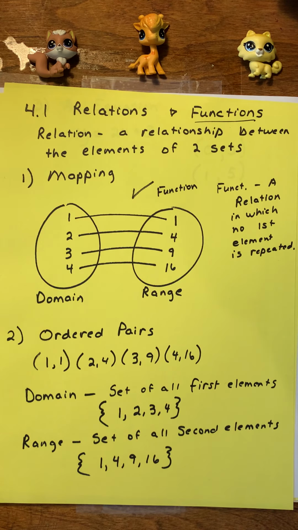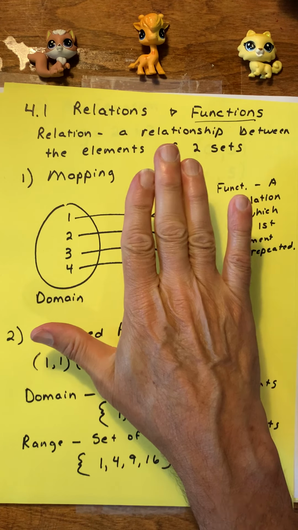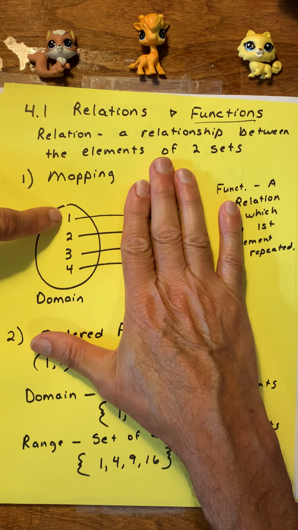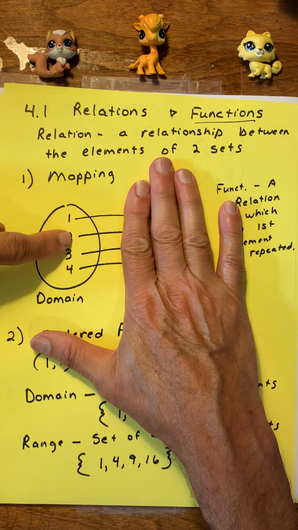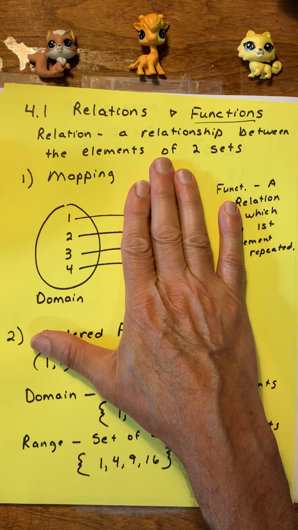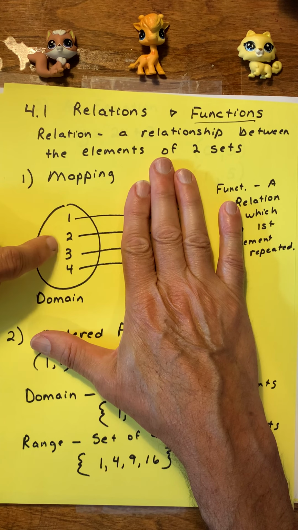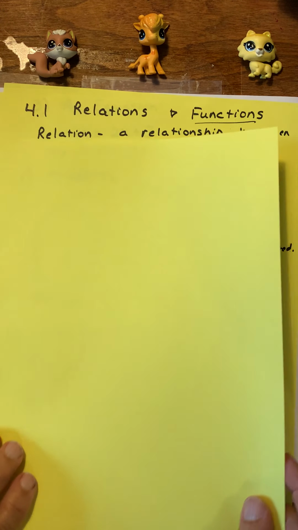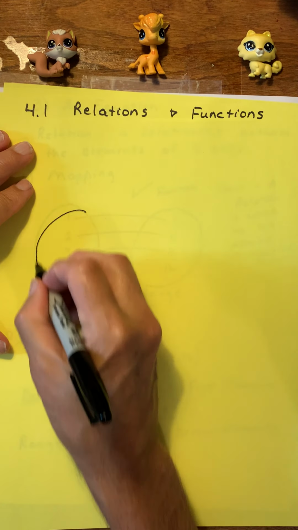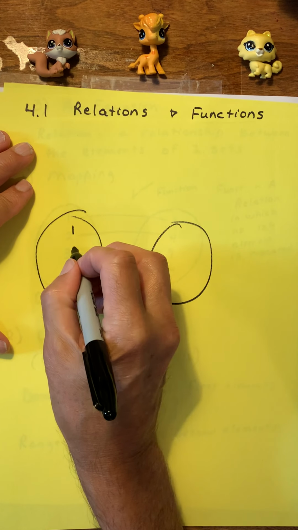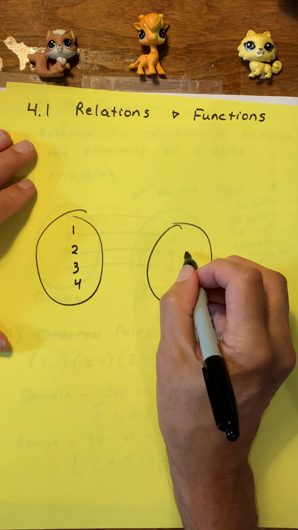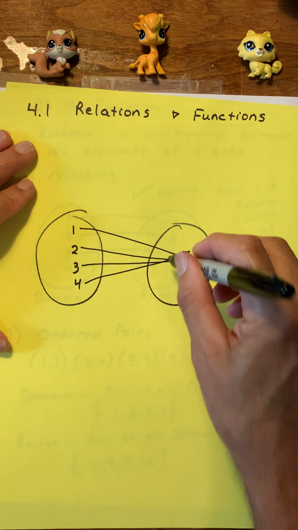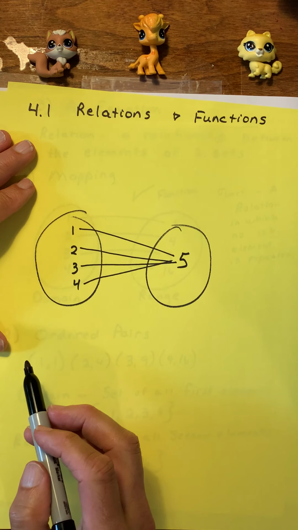And in fact, when you're looking at a mapping, all you have to do is look at the domain. Is every domain element related to just one thing in the range? Yep, just one line of relationship from each element in the domain. Hey, look at a weird mapping. Watch this guy. All these elements are related to 5.